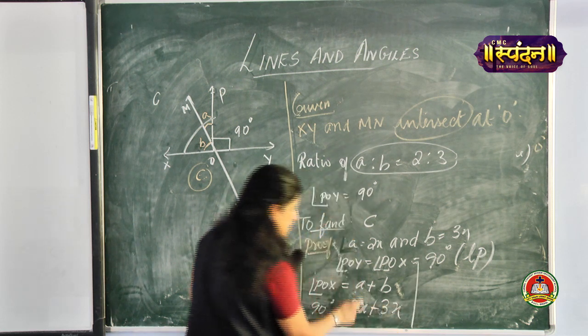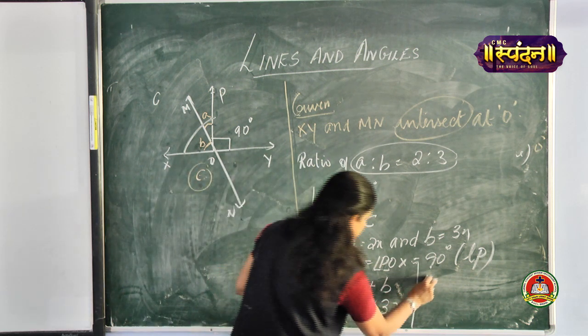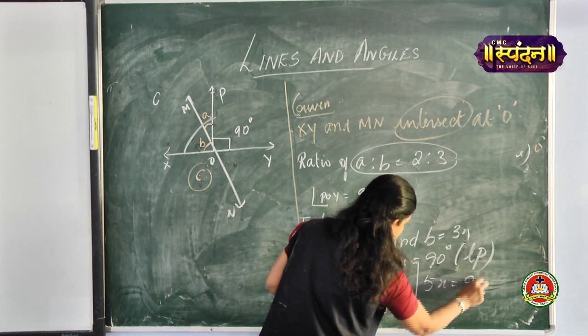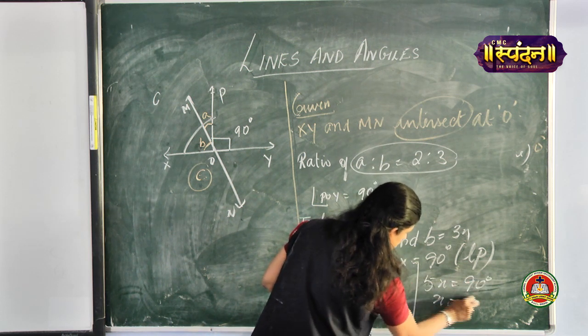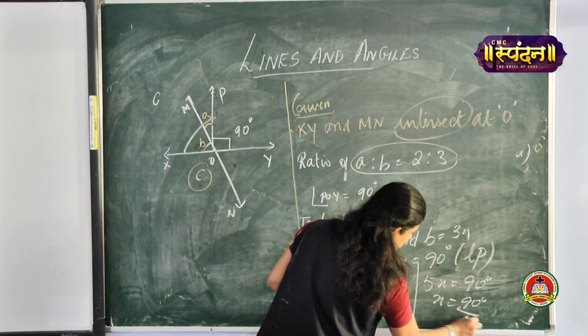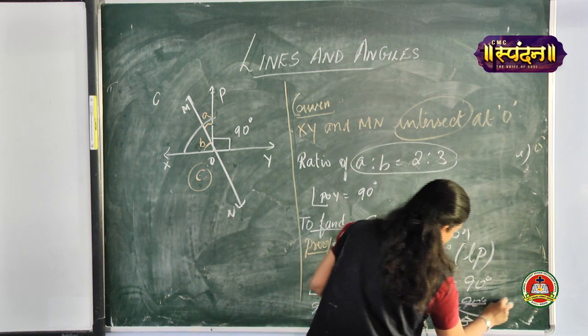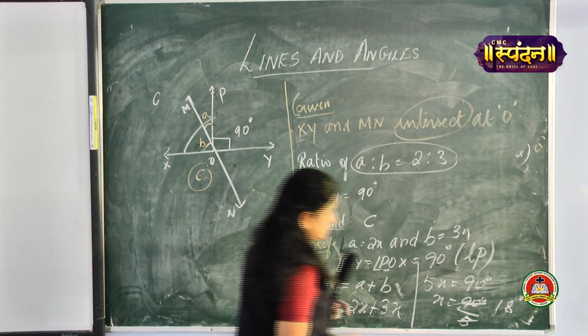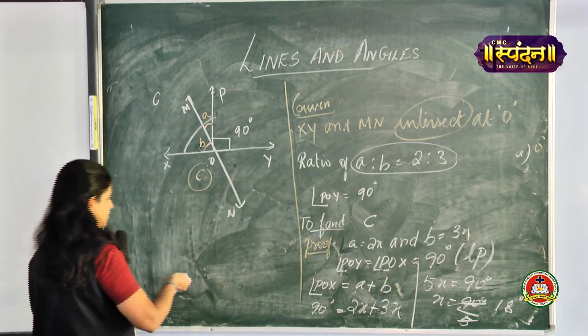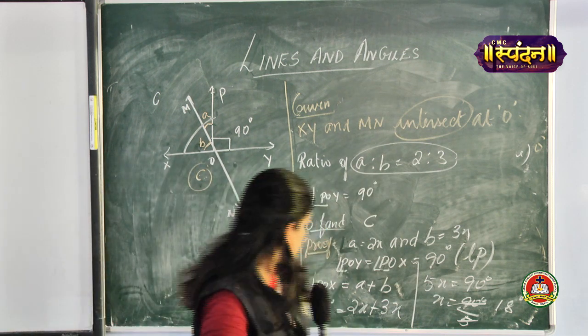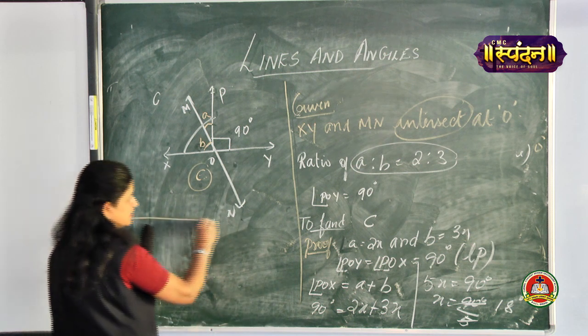So what is 2x plus 3x? 5x. So 5x is equal to 90 degree, or x is equal to 90 divided by 5. 5 eights are 40, so x is 18 degree. Now I got the value of x as 18 degree.